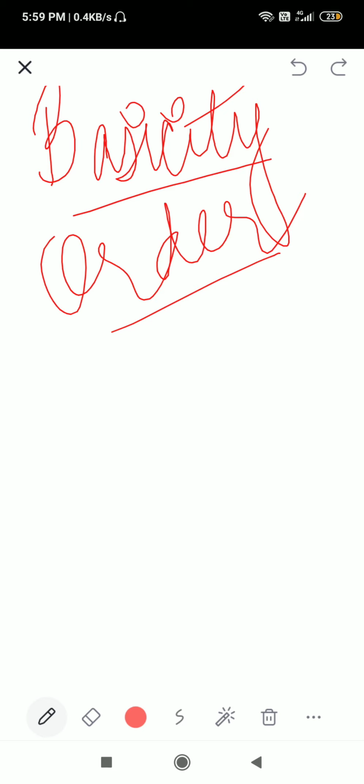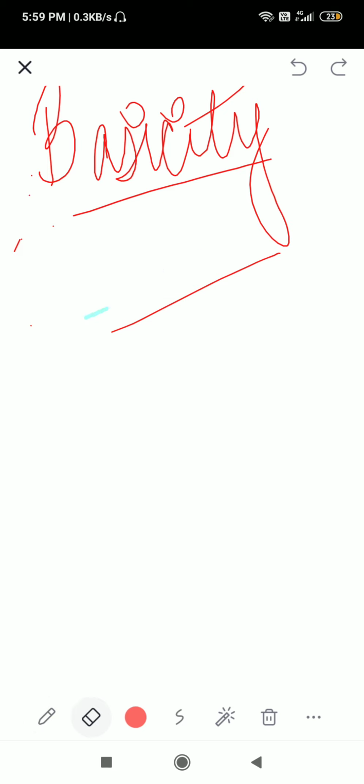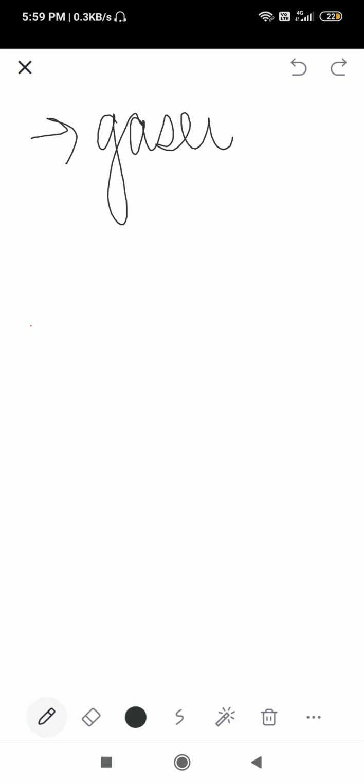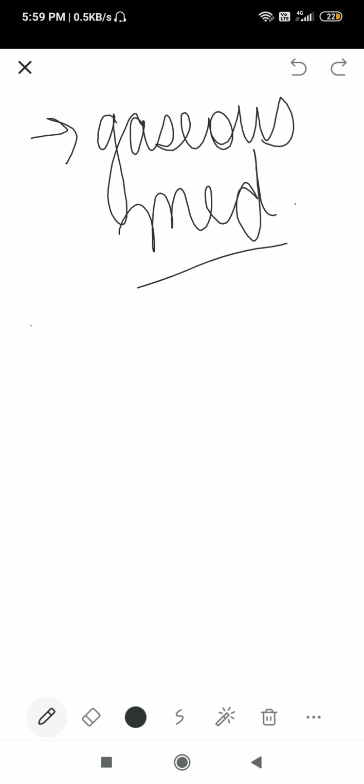First of all, we will see the basicity order in gaseous medium. In gaseous medium, only one factor is taken, that is the plus I effect.